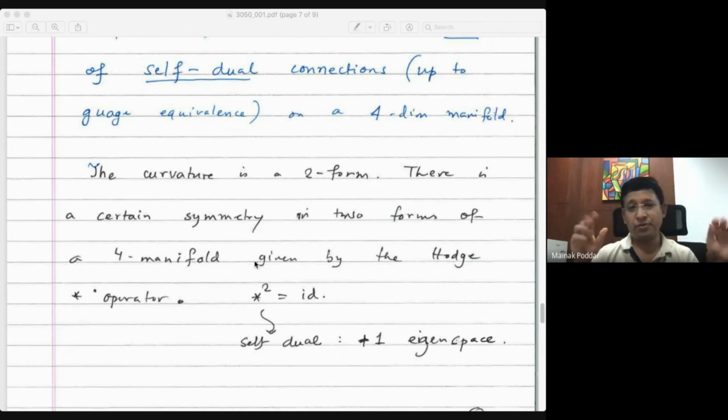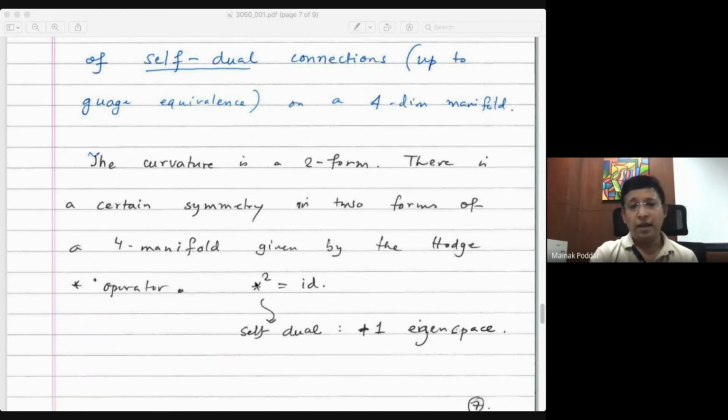Locally, it looks like dx1 dx2 dx3 dx4 times some function. If you have a two-form, there's a complementary two-form. If you have dx1 dx2, you get dx3 dx4, and that is the symmetry. And there is an operator called the Hodge-star operator that gives you this complementary form, and its square is the identity.